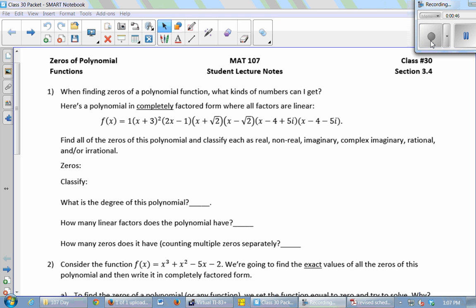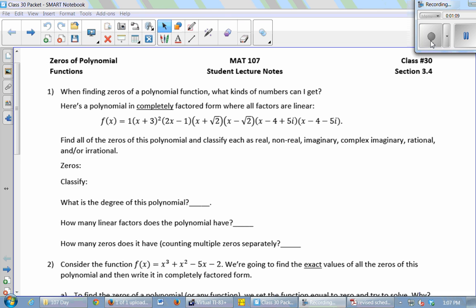I want to find all the zeros of this function and classify each one as real, non-real, imaginary, complex imaginary, rational, or irrational. This is some vocabulary that we have been using, but not recently and not that regularly.